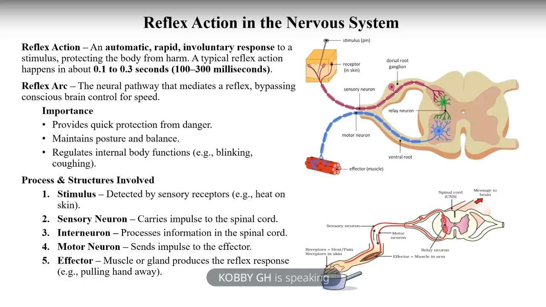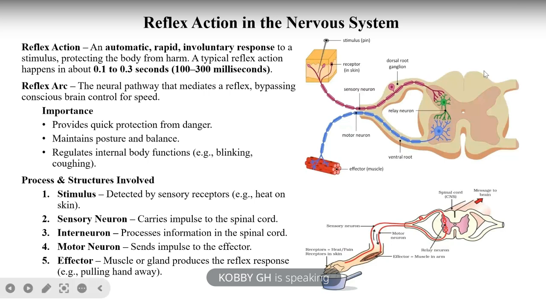The motor neuron takes the response from the relay neuron to the parts of the body to take an action. For example, if someone pricks your hand with a pin while you are walking in class, reflex action will take place. The receptors in your skin will pick the signal and send the information to your spinal cord through your sensory neuron.